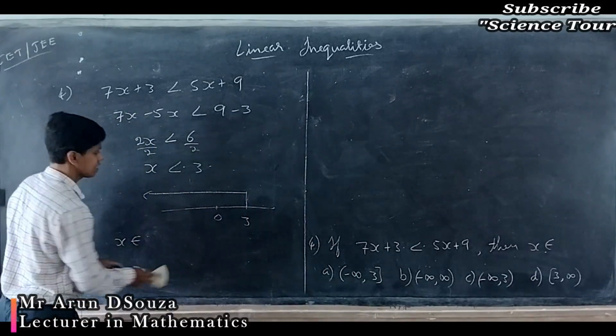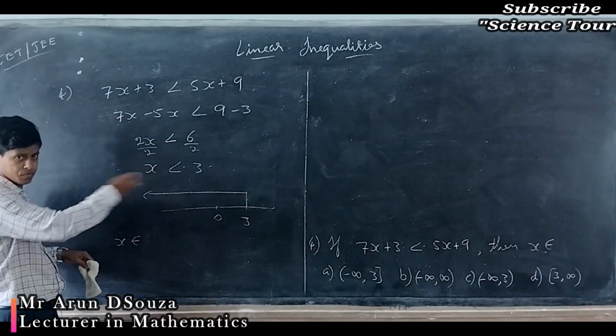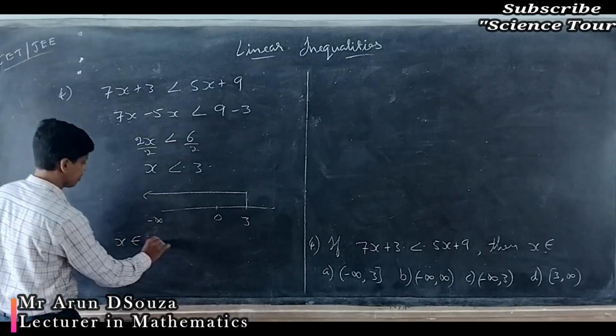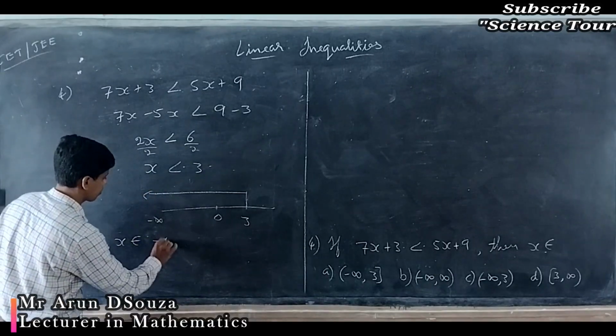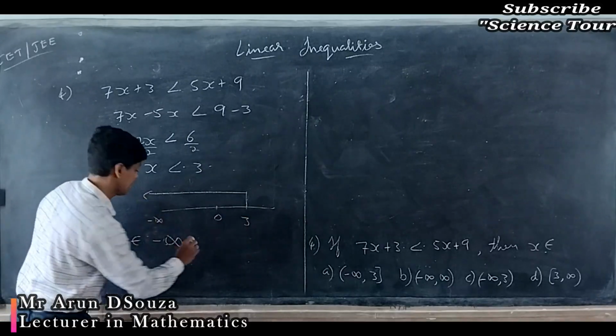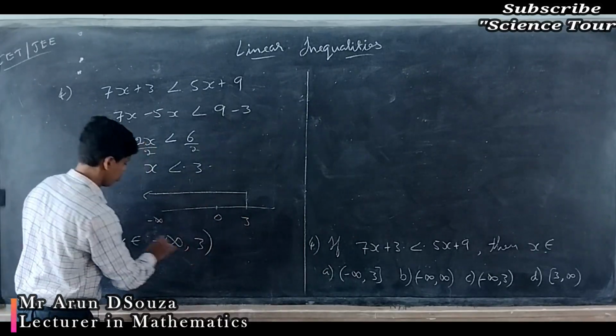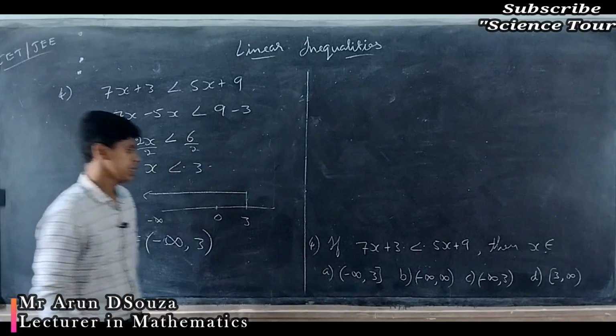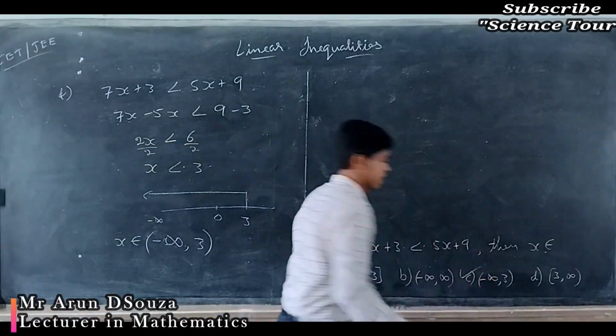So if x is less than 3 this side, okay, so from negative infinity till 3, and 3 is not included, therefore open, so minus infinity comma 3 is the right choice, and that's the option C.